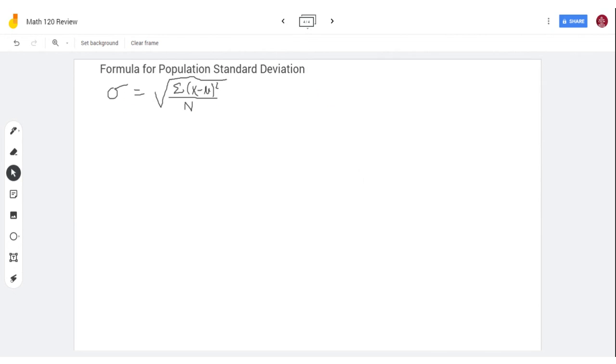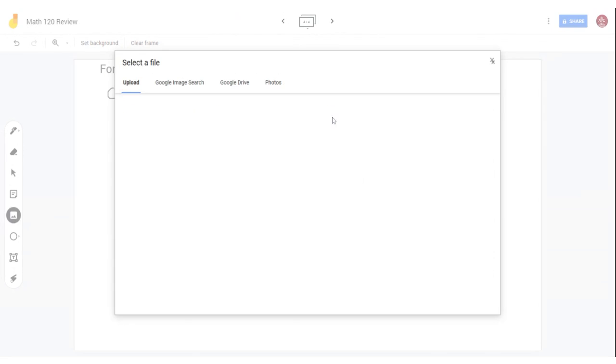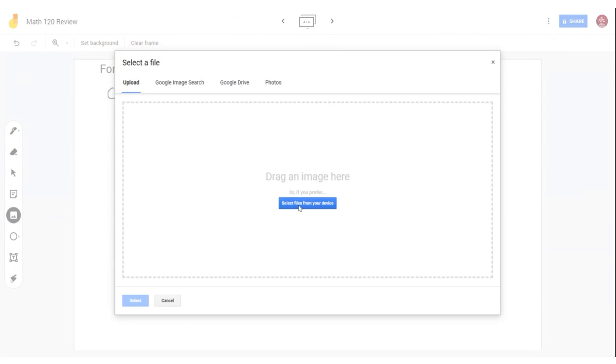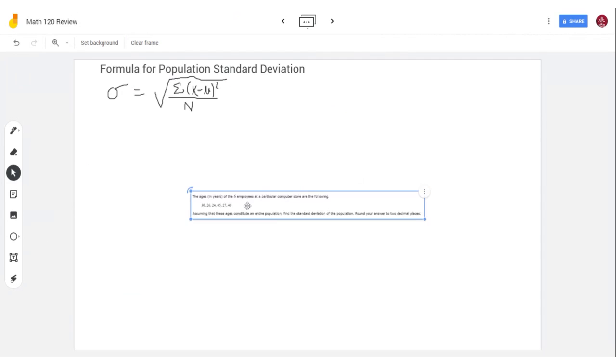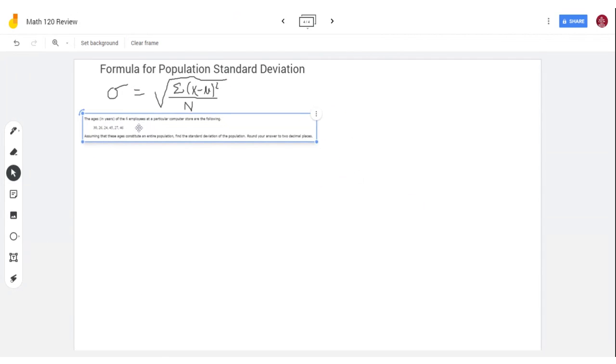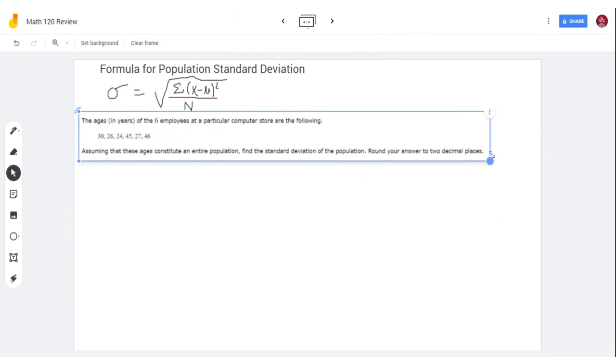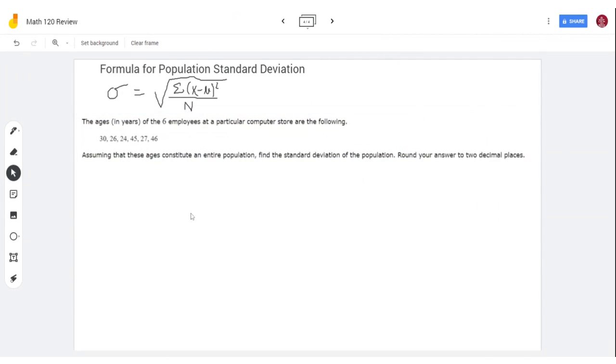All right, so I'm going to stick the problem in here. So notice the wording of this problem. This part up here is not so important.